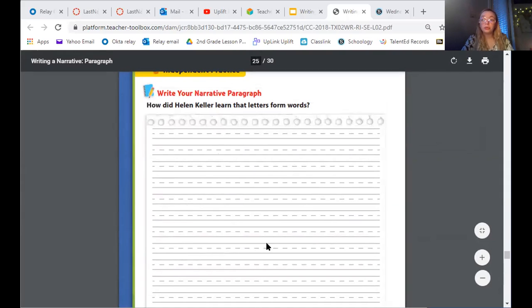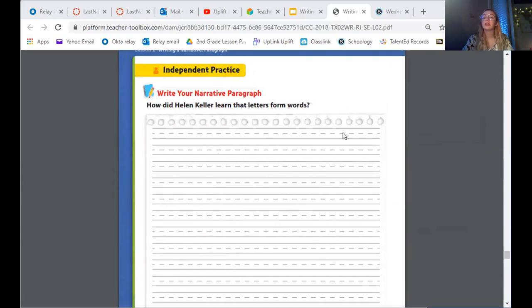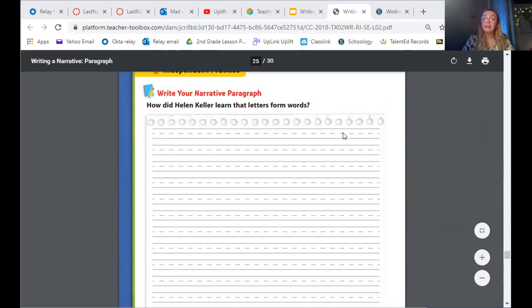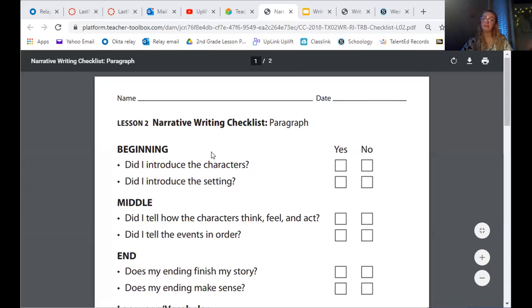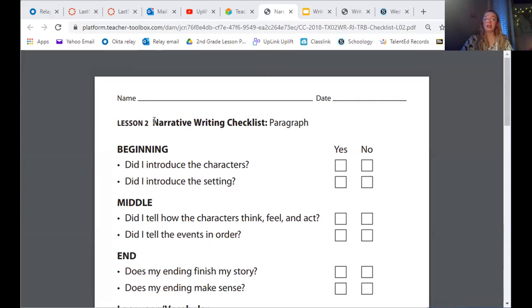We're going to use a checklist to revise our own writing. I'll share my screen so you can see the checklist, and I'll go ahead and read it for you. Lesson 2, narrative writing checklist, paragraph.